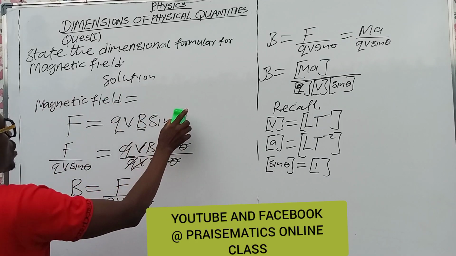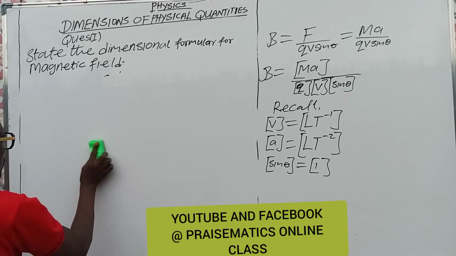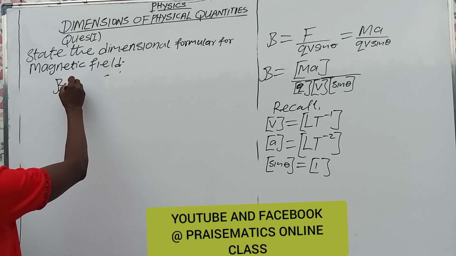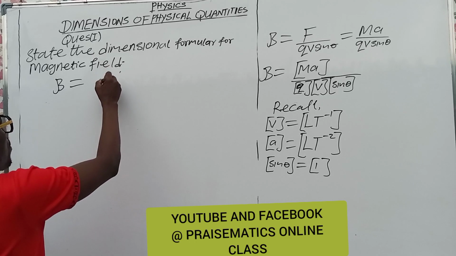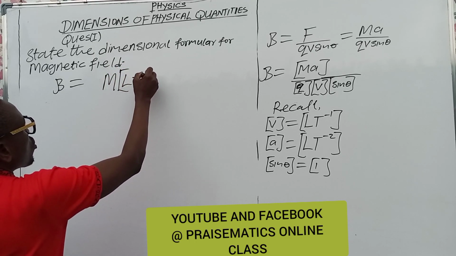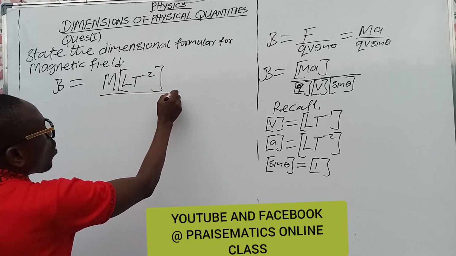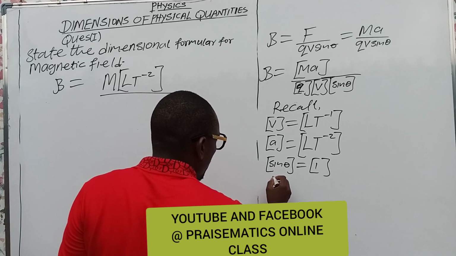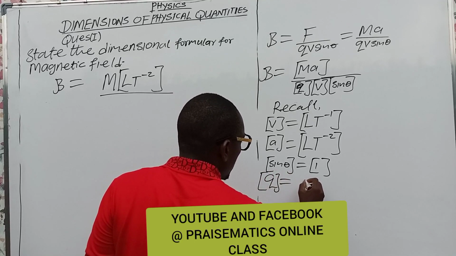So now let's continue here. From this place, we have that the magnetic field is equal to what? M into L t raised to power minus 2, which is acceleration, over Q. Also remember that the dimension of Q is equal to what?